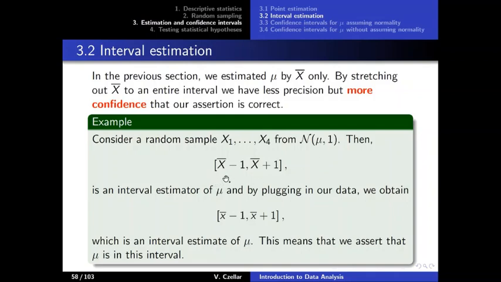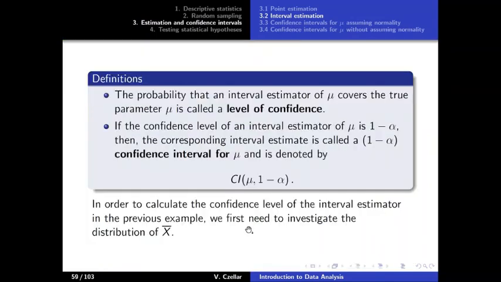Then x bar plus minus 1 is an interval estimator of mu. And plugging in our data, by using concrete numbers, I will provide an interval estimate of my parameter mu. We will assert that our mu is inside this interval.